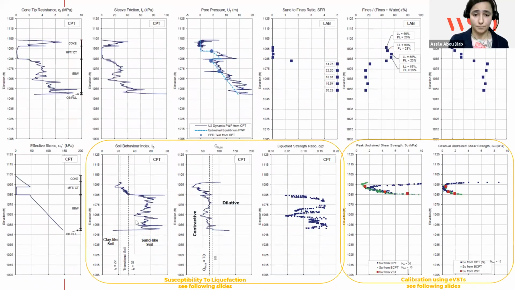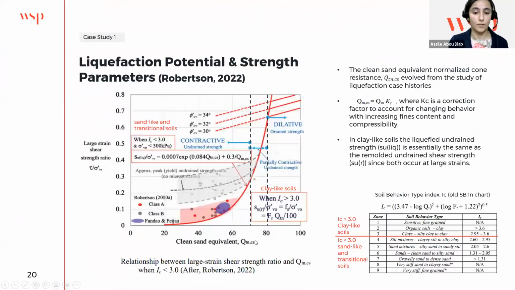But here, it's corrected for the fines content because the Qtn,cs is used to evaluate the liquefaction potential, and we know that the fines content affects the liquefaction potential. More fines content means less susceptibility, so this parameter is corrected for the fines content to be more representative of the liquefaction potential.